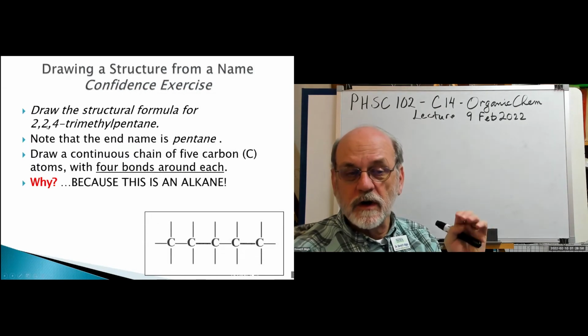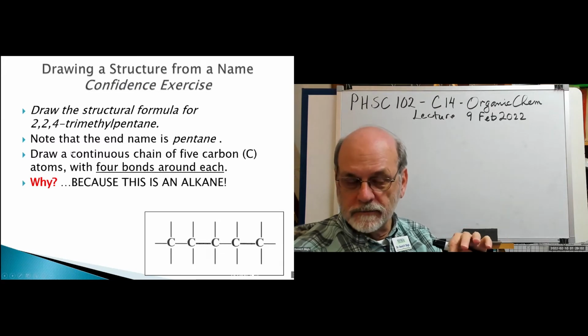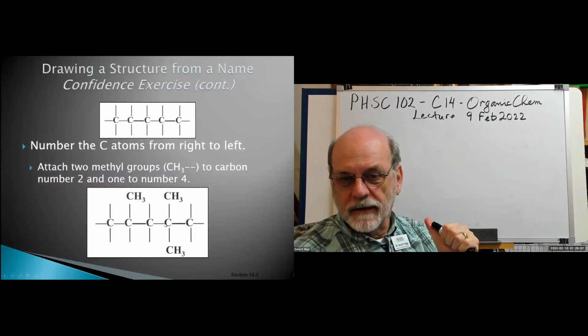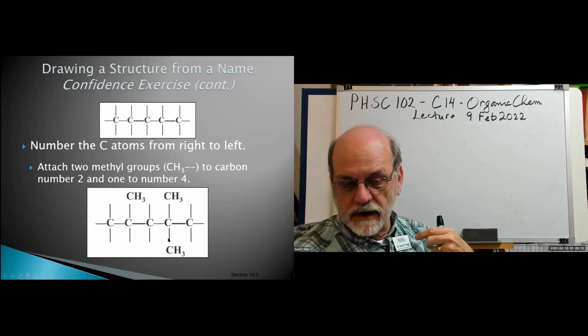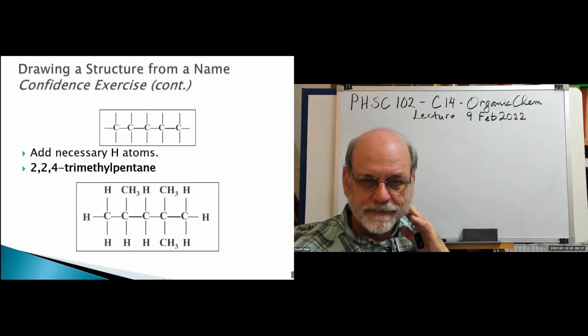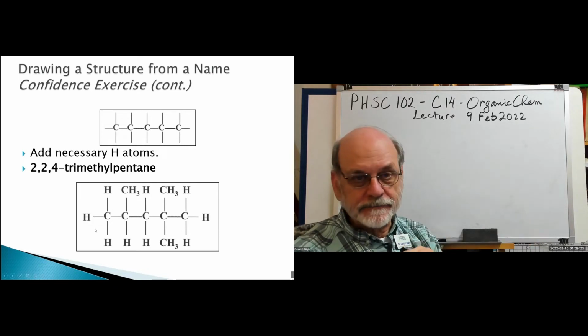Instead of 2, 4, 4, we say 2, 2, 4. That's how we make this tiebreaker. If we number from the right, that gives us a smaller number set for more of the substituent groups. Okay, and then you add the hydrogens to fill in.